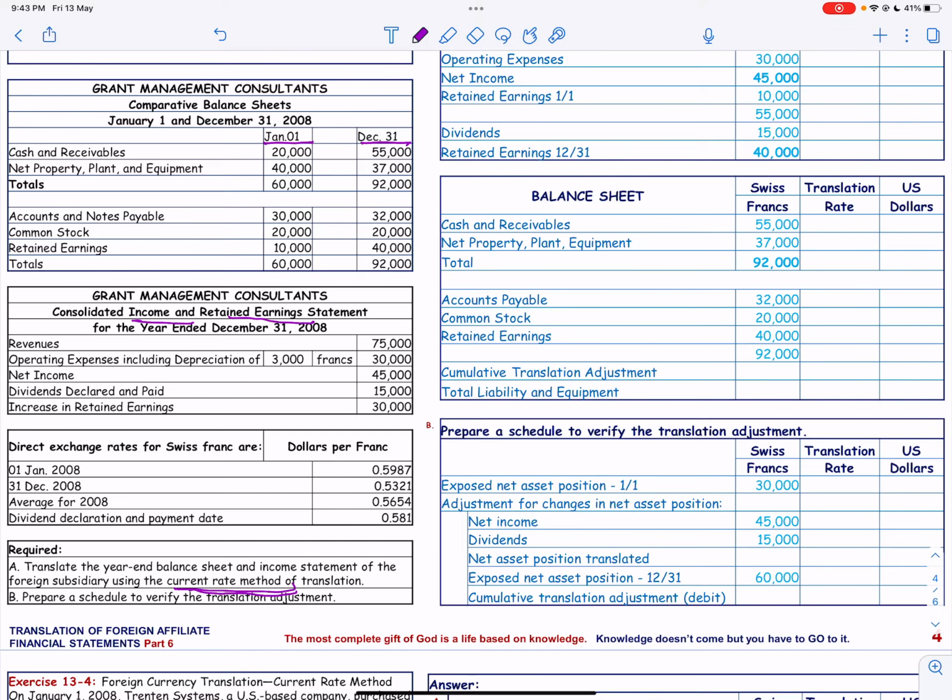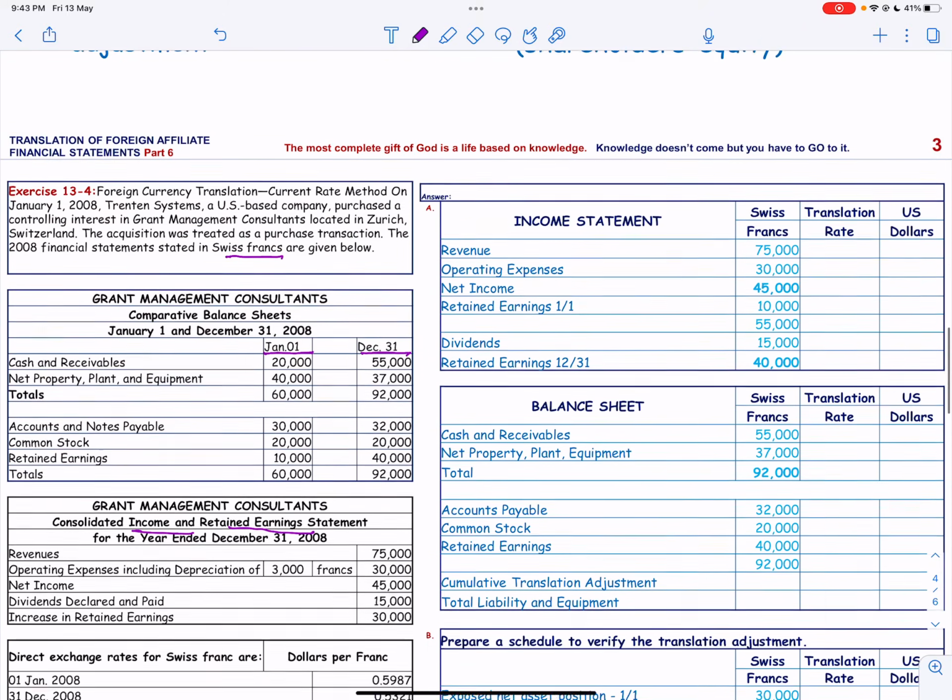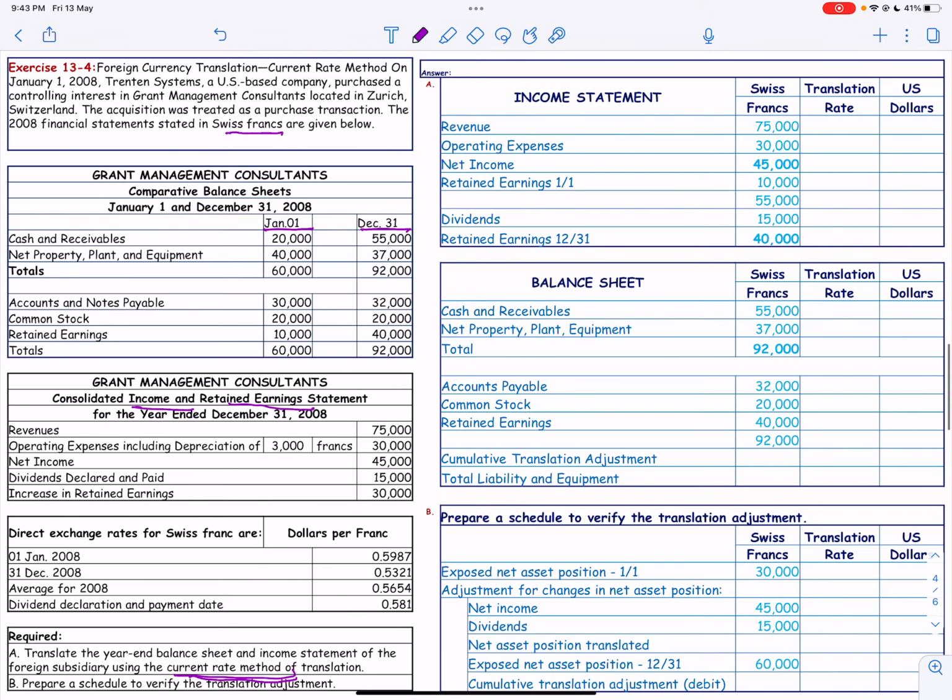On January 1, 2008, Trend 10 System, a US-based company, purchased a controlling interest in Grant Management Consultants located in Zurich, Switzerland. The acquisition was treated as a purchase transaction. The 2008 financial statements are stated in Swiss francs as follows.